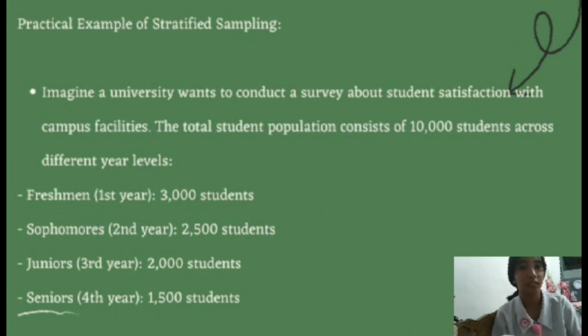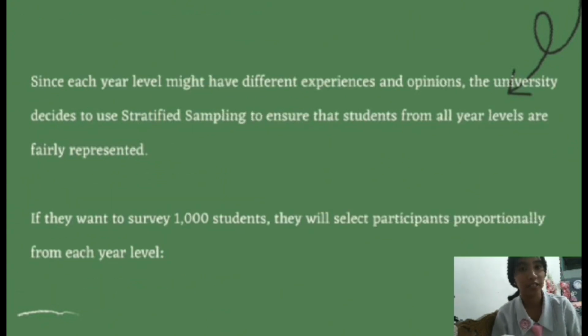Juniors, third year, 2,000 students. Seniors, fourth year, 1,500 students. Since each year level may have different experiences and opinions, the university decided to use stratified sampling to ensure that students from all year levels are fairly represented.